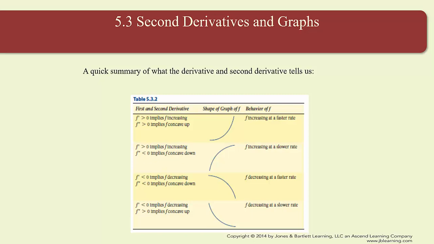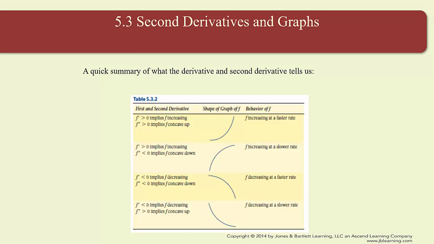If the second derivative is positive, that tells us the function is concave up. And so the graph would have that kind of shape that you see there. But what it really tells me is the derivative positive tells me the function's increasing. The second derivative positive tells me the function is increasing at a faster rate, or it's increasing at an increasing rate.